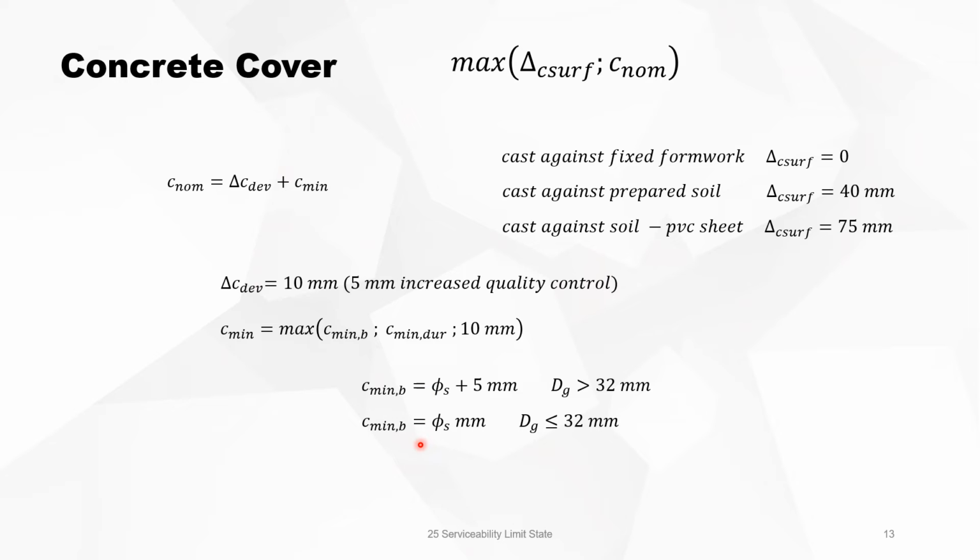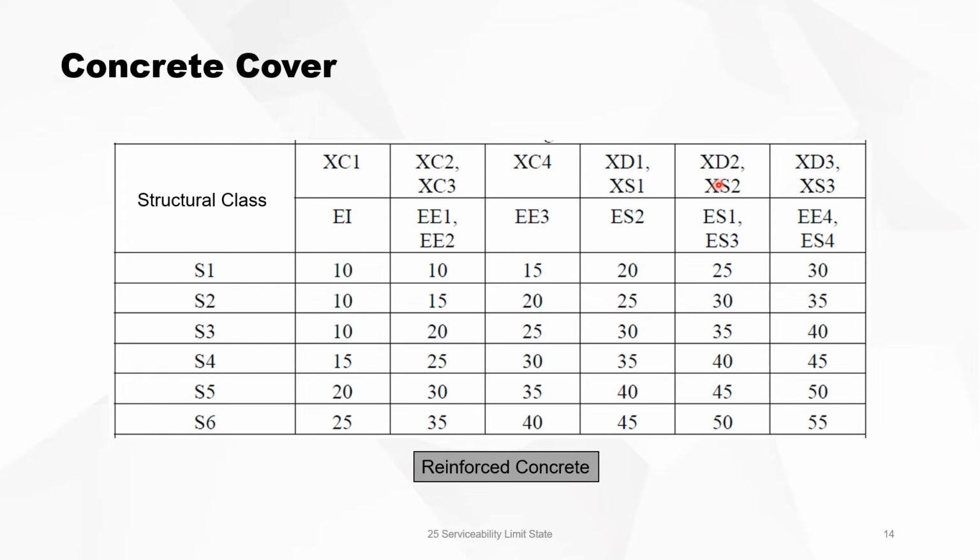Otherwise, it's only the size of the diameter. And C min dur, this is the real required concrete cover for the durability of your beam. It's in a table, it's table 4.4N of Eurocode 2 part 1-1, and this is the table.